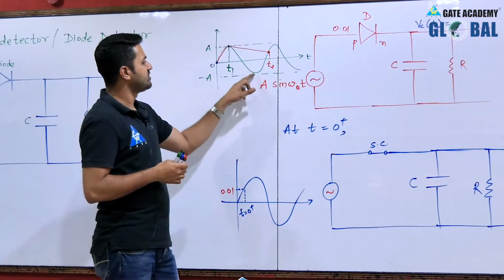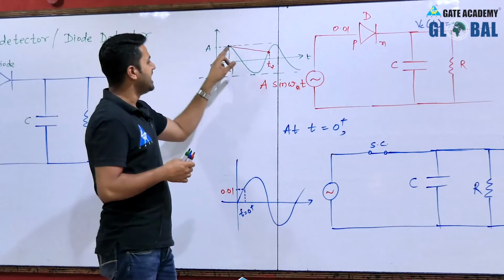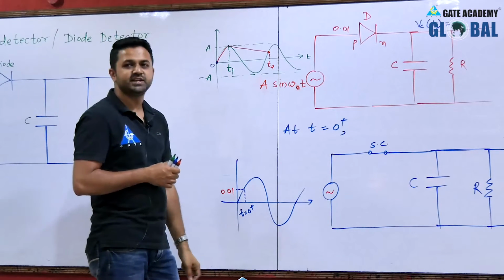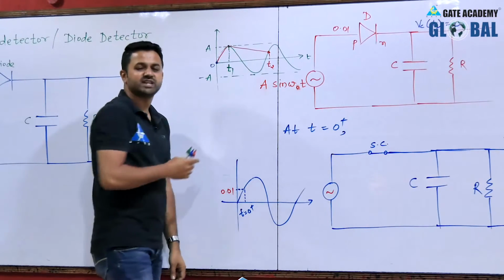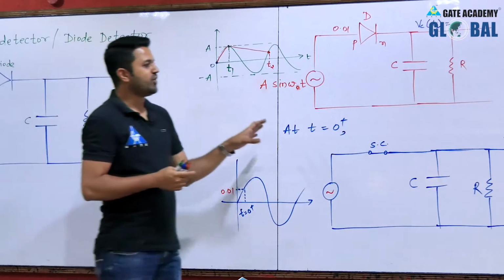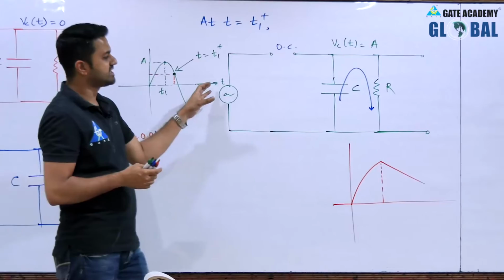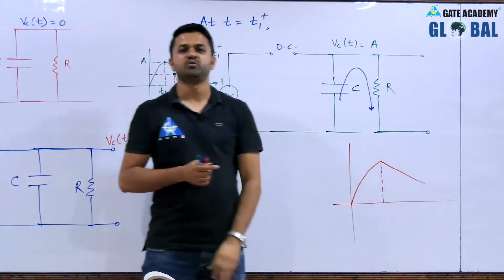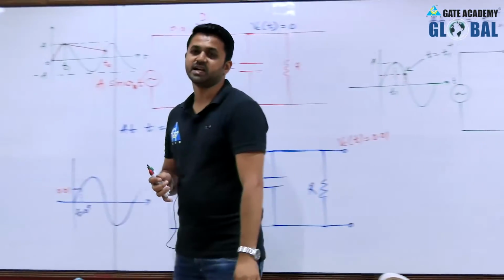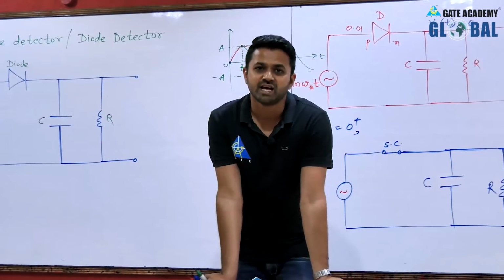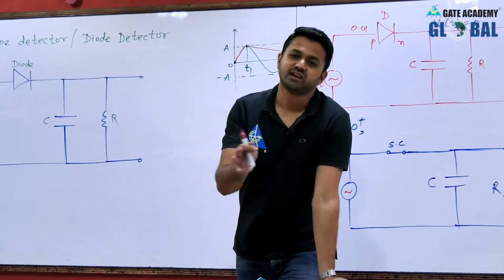So, this input voltage is increasing and this capacitor voltage is decreasing, and at point T2 both voltages are the same. So, at point T2 the input to this envelope detector will be the same as the output of this envelope detector. That means the voltage across the capacitor will be the same as the voltage at the input.